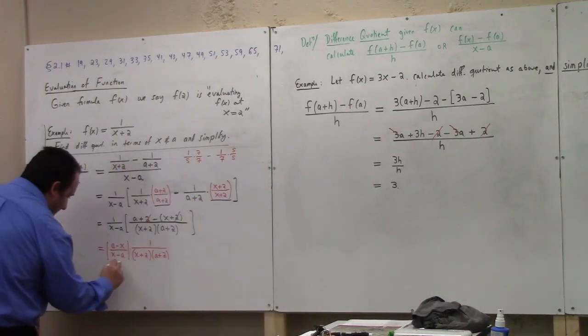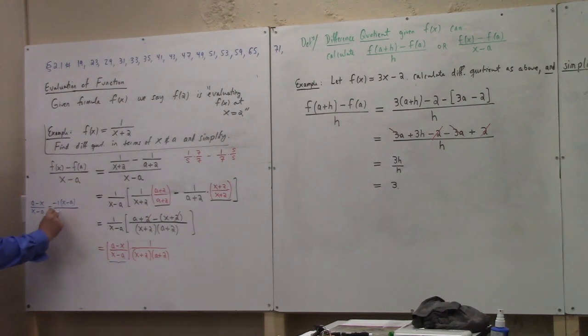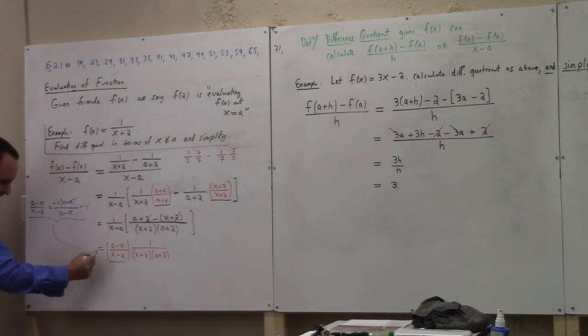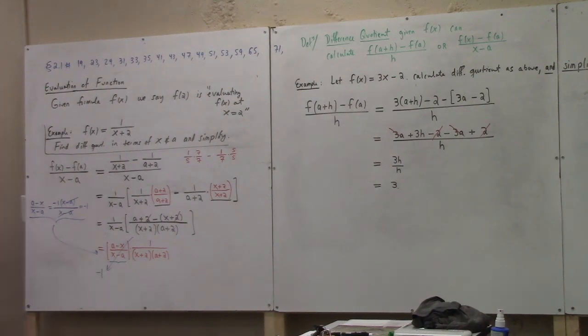This guy right here, how does that simplify? If I do a minus x over x minus a, I can rewrite that as minus 1 times x minus a over x minus a, right? So these guys cancel, and it just leaves us minus 1. So see, this tells me that this factor right here is nothing more than minus 1. That does assume something, right? I'm assuming that x is not equal to a.